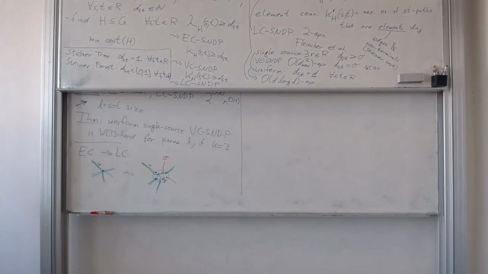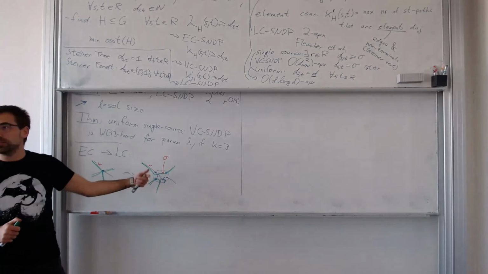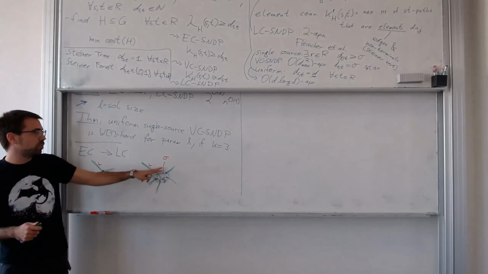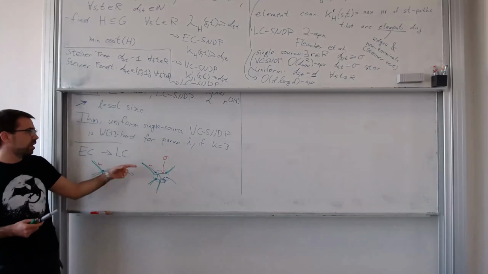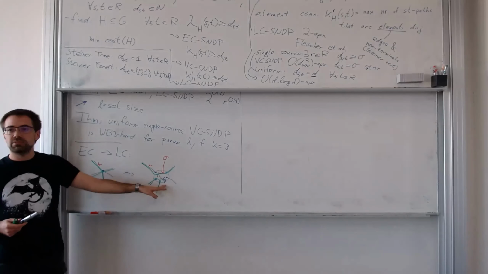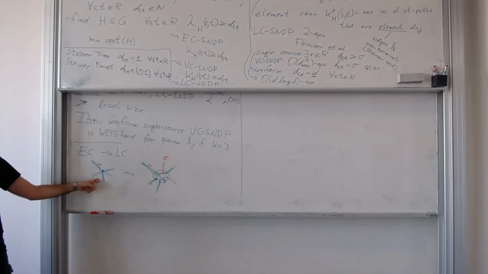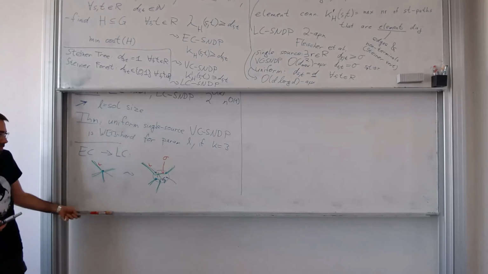So it becomes element disjoint, and the cost is the same because the additional edges are cost 0. You can also go in the other direction: anything with a certain element connectivity here, you can contract the edges and get something with that edge connectivity. So that's an easy reduction.